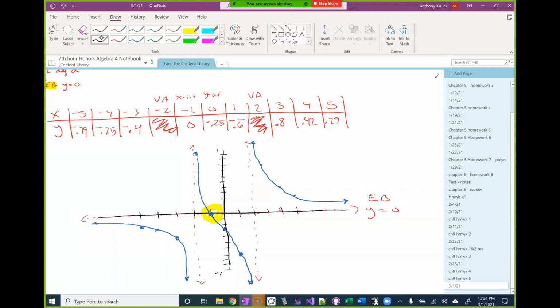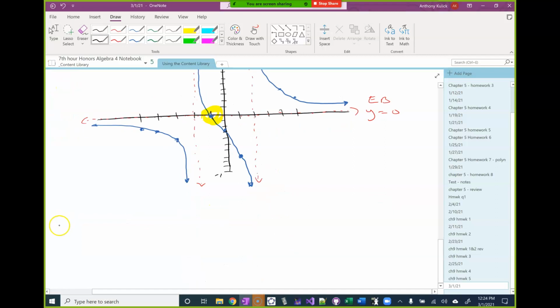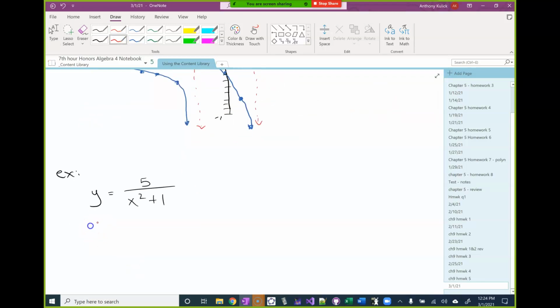The natural question would be, what do I do if there's no vertical asymptote? So similar type of problem. Let's say we have something like this. I'd get an imaginary solution when I try to solve for a vertical asymptote, which tells me there aren't any.